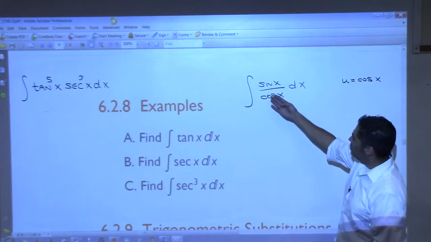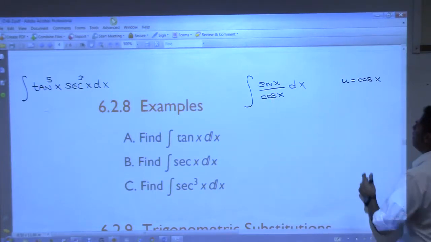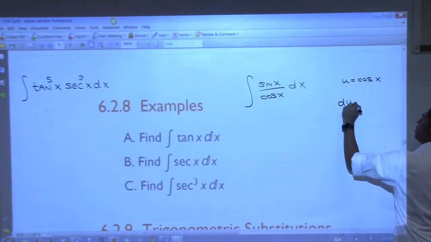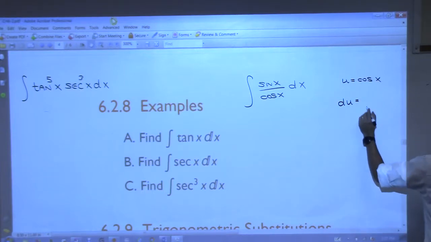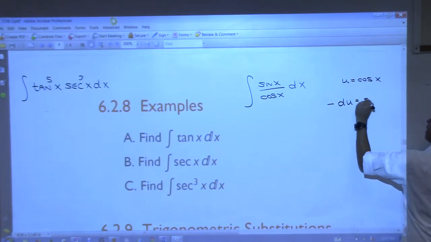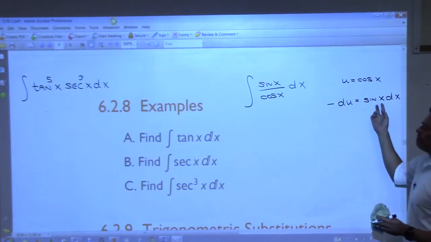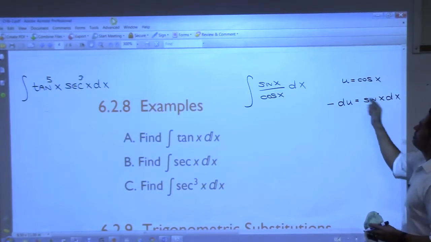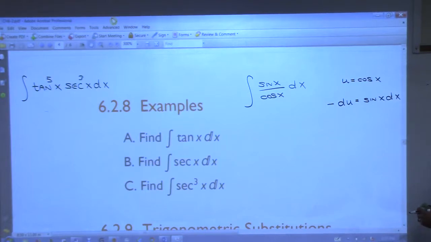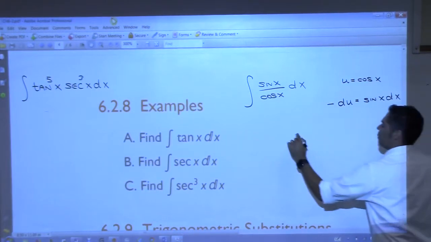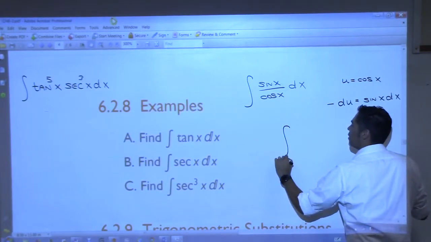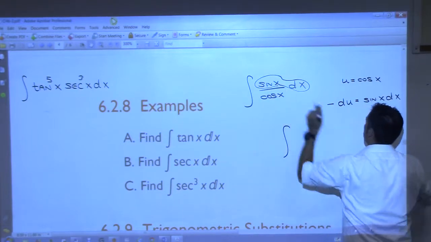You rewrite tangent this way, and then we let u be cosine x. du would be negative sine x, but I don't have a negative sine x on top, do I? I have a positive. So I just multiply both sides by negative 1. That fair? This integral now becomes, the sine x dx was part of my du, right?